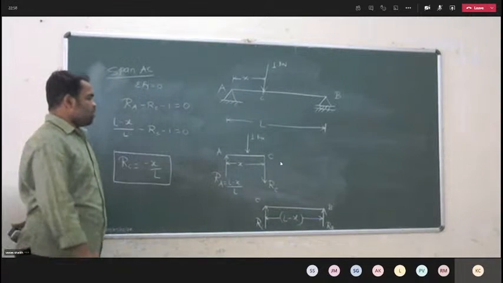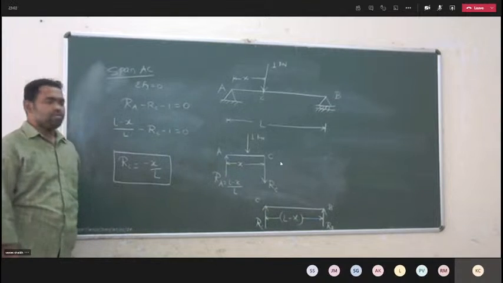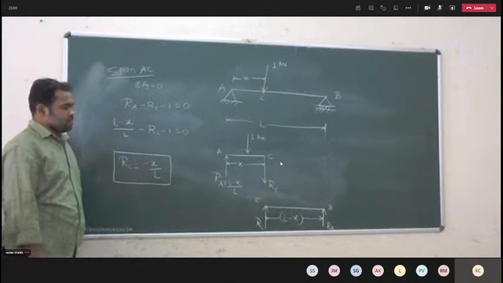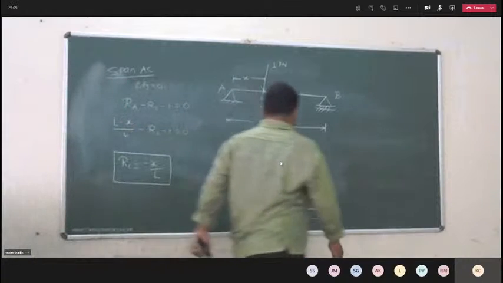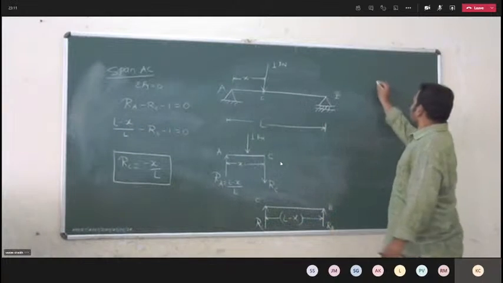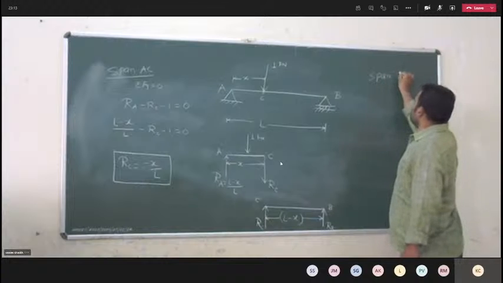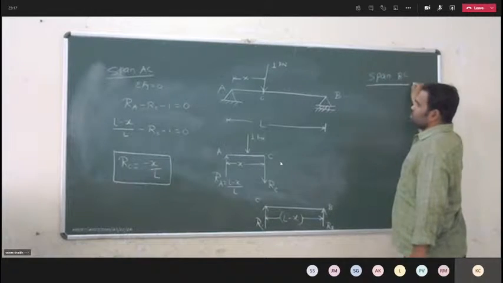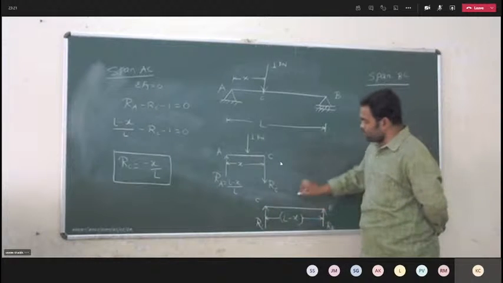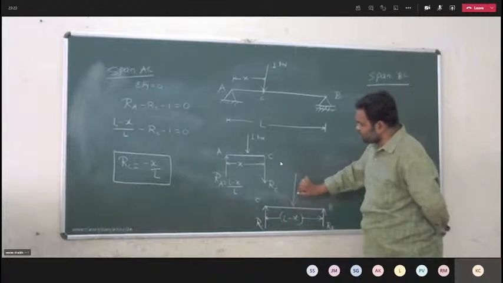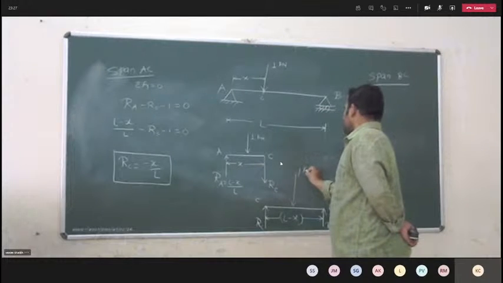Now we have to consider the right side part of the beam, that is the CB part. Again, for span BC, I am applying the equations of equilibrium. Now I have to consider the 1 kilonewton load over the span BC.